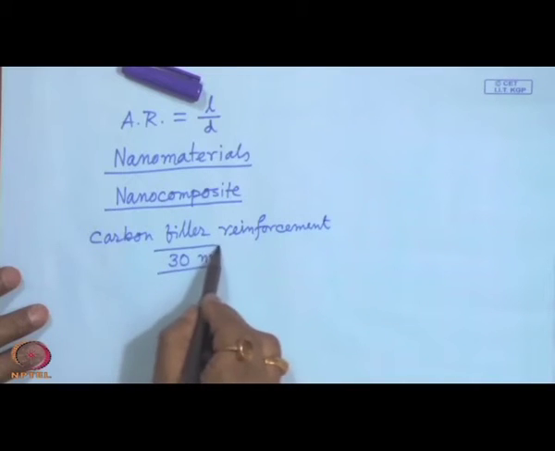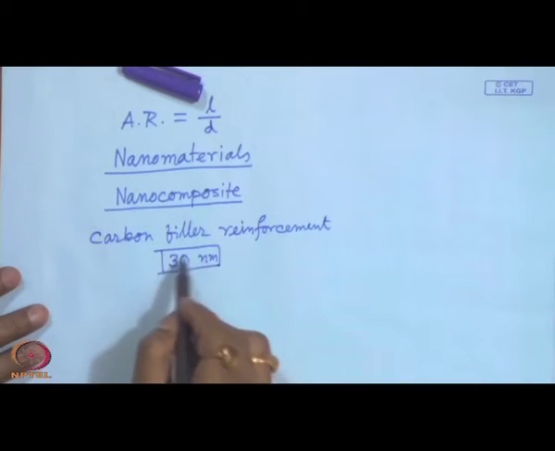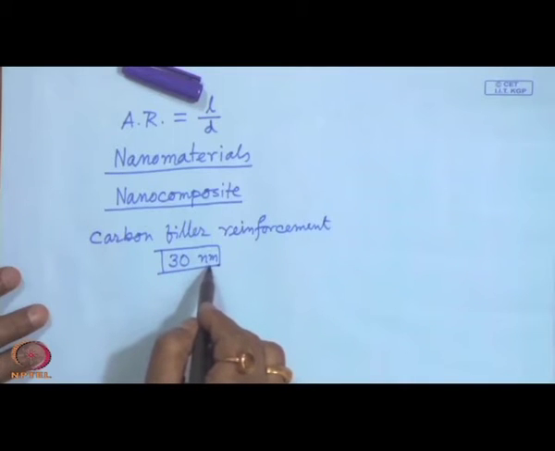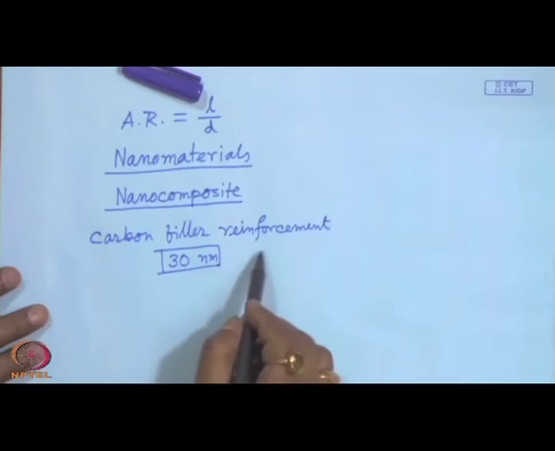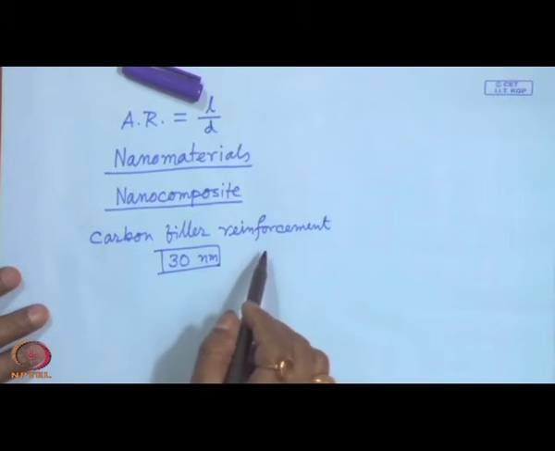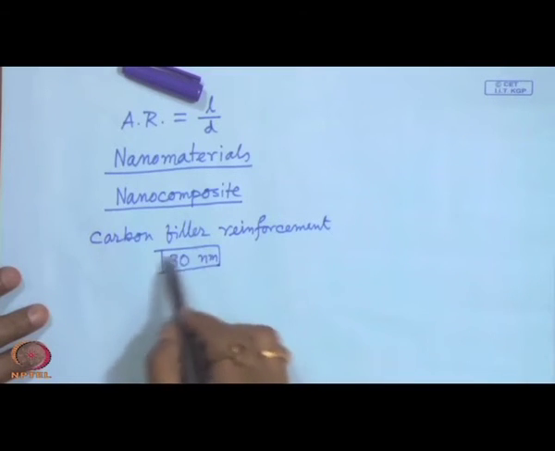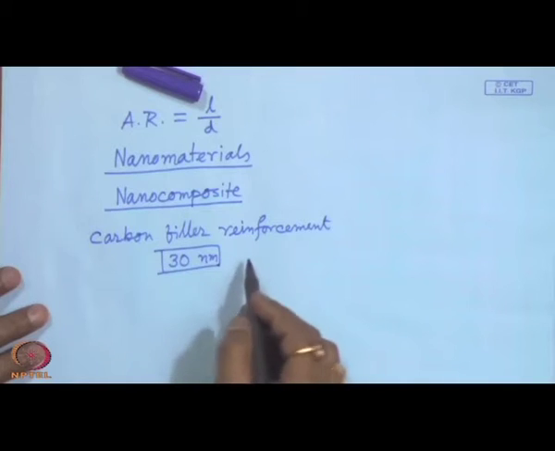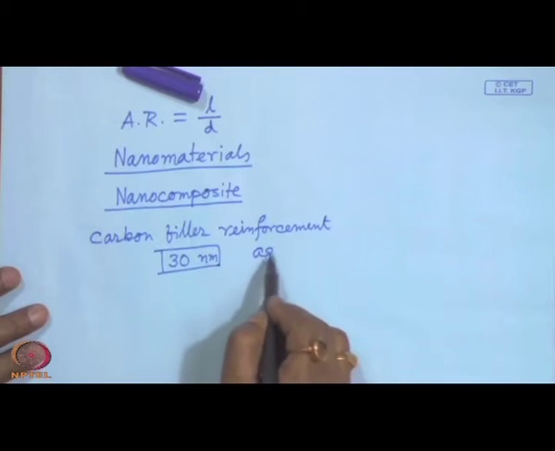But the problem is that even if the particle size is of 30 nanometer dimension, by virtue of their high surface area, and since these are incorporated in a high viscosity polymer like rubber, these carbon particles form aggregates or agglomerates.